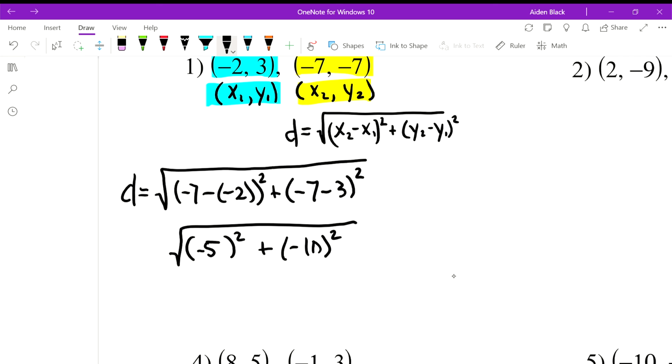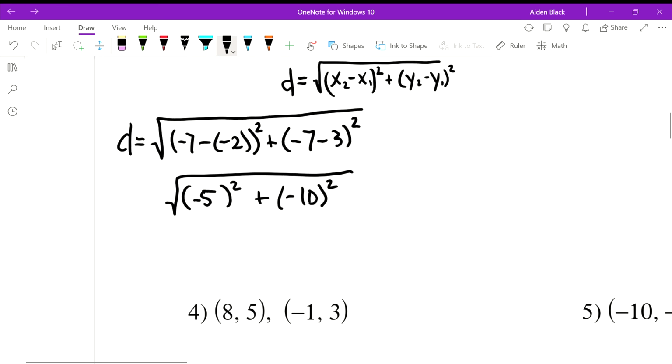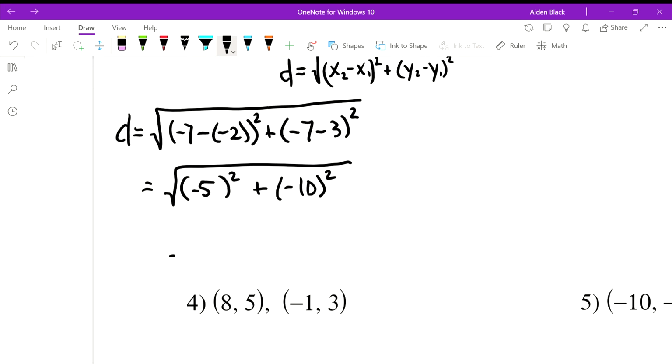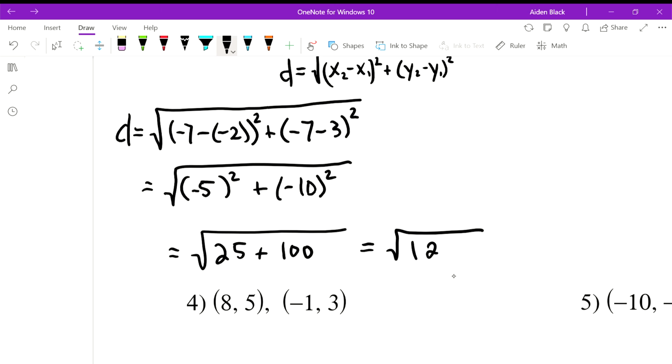And then we square it. Distance is equal to -5 times -5 is 25, -10 times -10 is 100. We end up with the square root of 125.